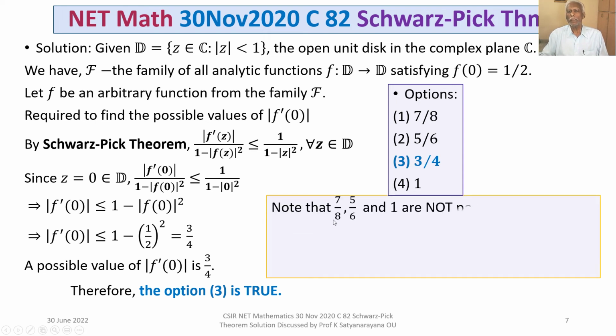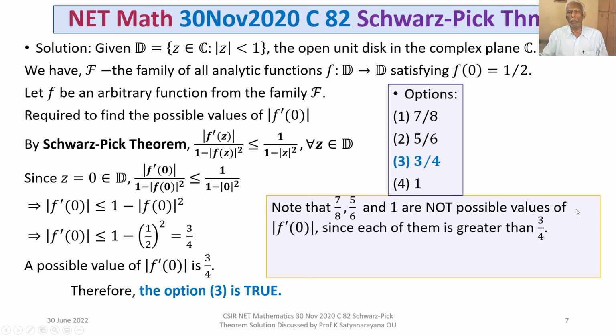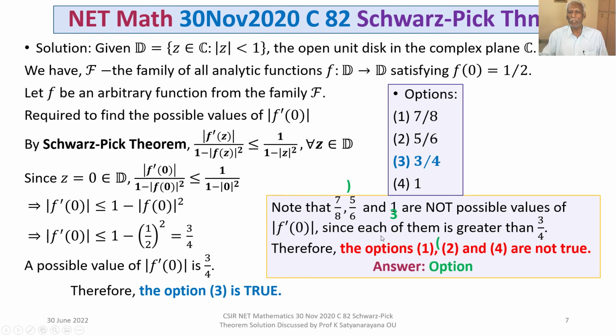So these values are not possible values for mod of f prime 0, since each one of them is greater than 3 by 4. So options 1, 2 and 4 are not true, and hence our answer is option 3.